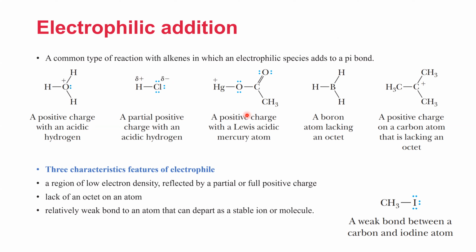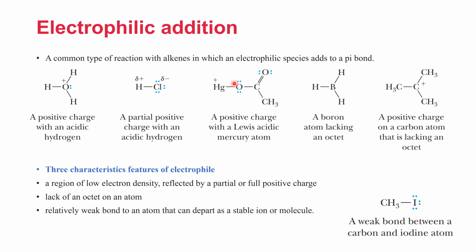Now the next one is the mercuric acetate. So here, this is the mercury, which is getting the positive charge because it is making a bond with this one, and this is getting deficient, right? And this is the Lewis acidic mercury atom, because now it is linked with oxygen, which is highly electronegative, and there is the carboxylate side.